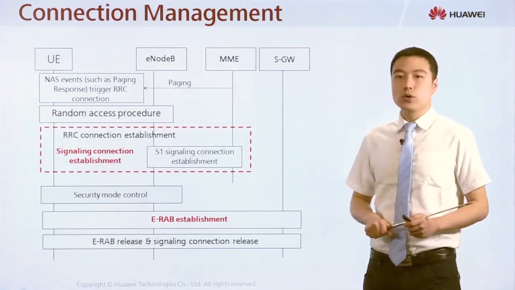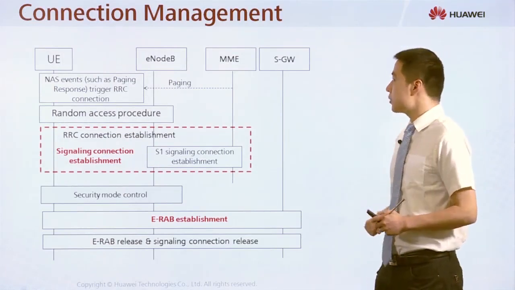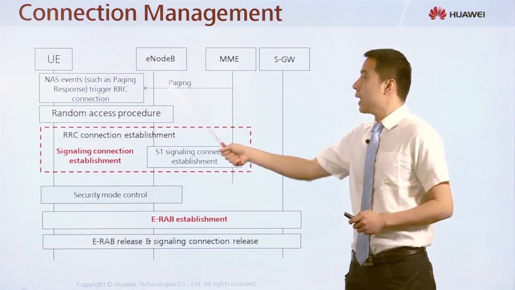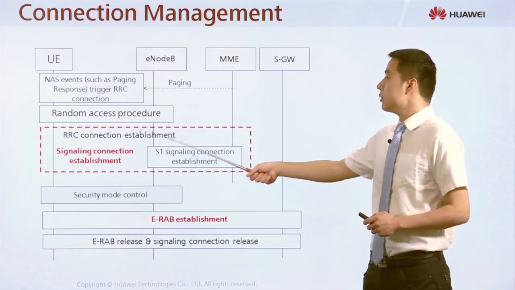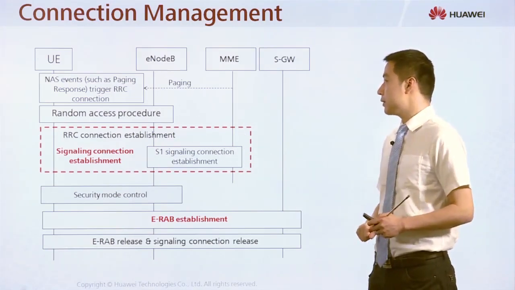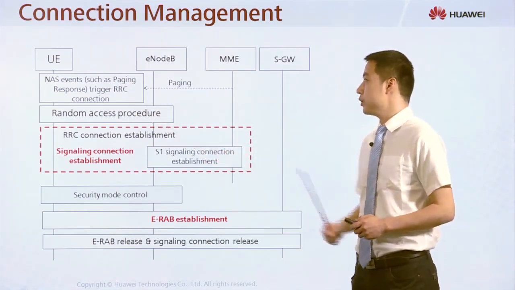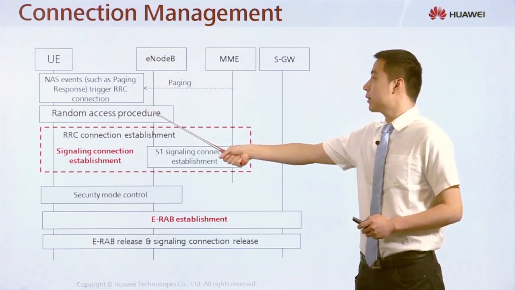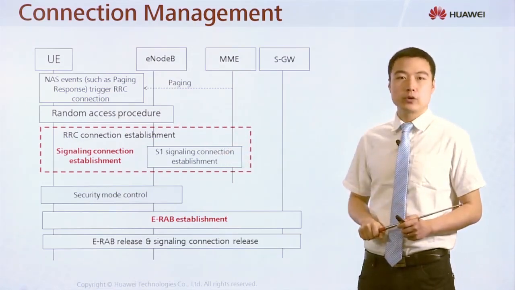If the UE wants to enter the connected mode, the UE must set up an RRC connection. Before the RRC connection setup procedures, we will perform the random access procedures. Actually, the random access procedure is triggered by paging or initially triggered by the users.